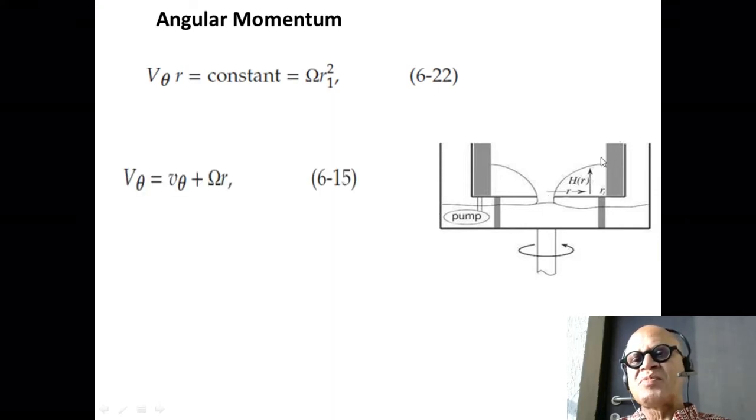So the angular momentum would have been omega r1 times r1, so omega r1 squared, right?